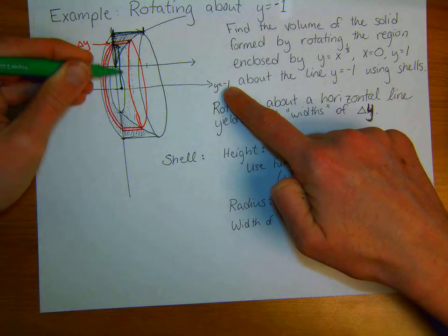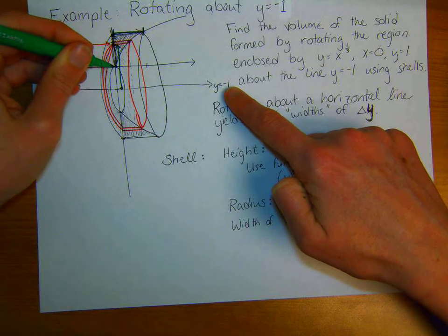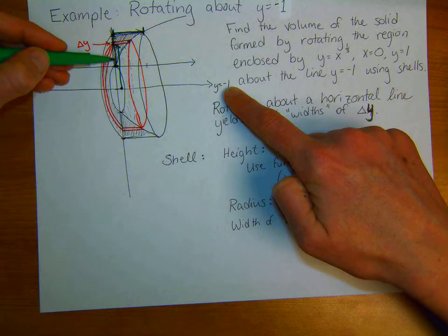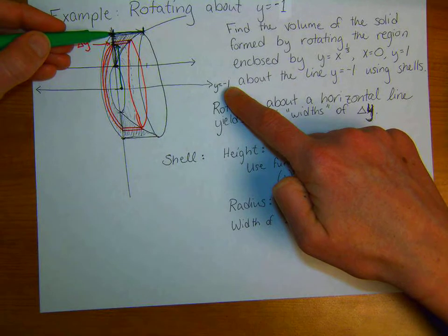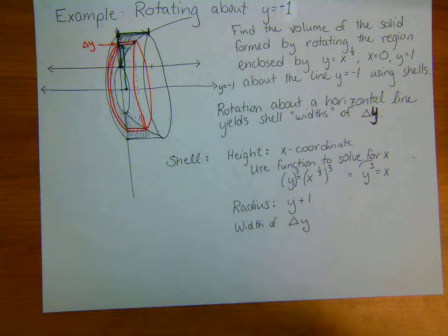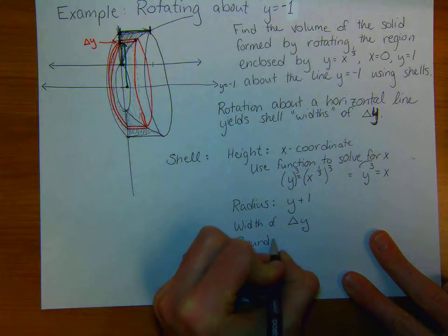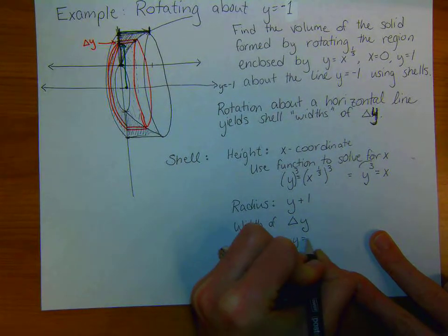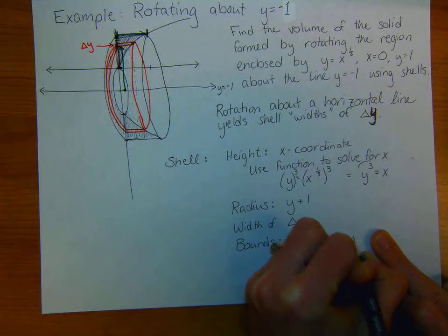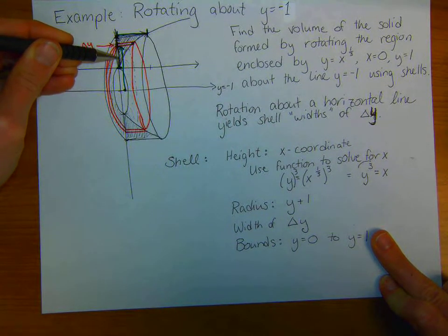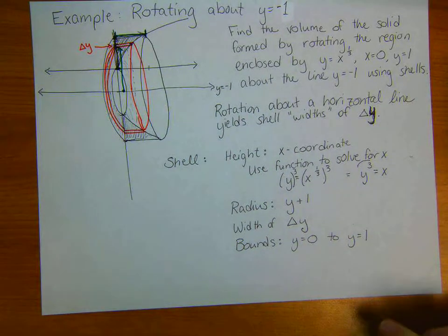That's the hollow cylinder in the center. My figure doesn't start until I hit y equals 0, and then it extends up until y equals 1. So my bounds go from y equals 0 to y equals 1, because this is the innermost part of my figure and that's the outermost part of my figure.